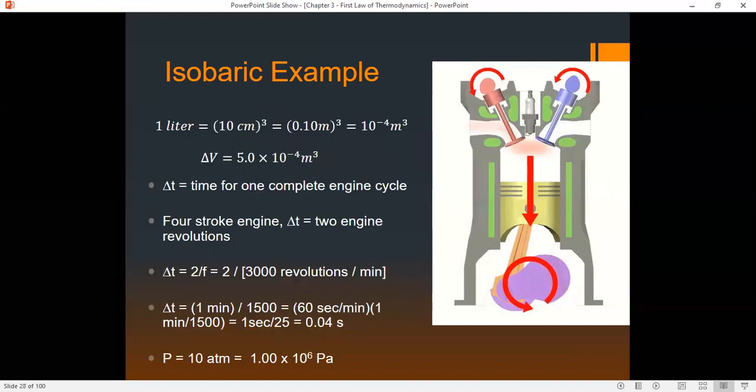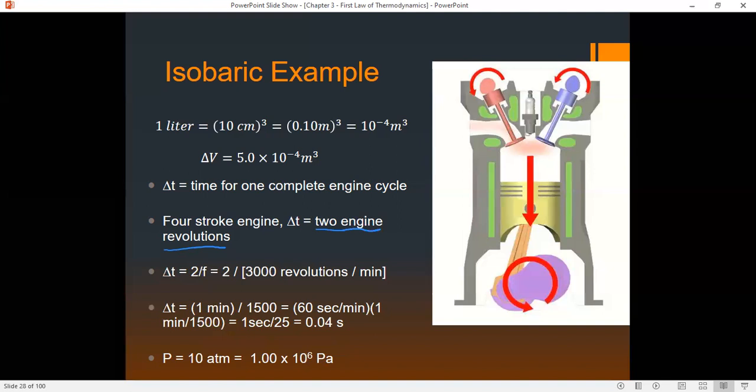So the first thing that we're going to do is calculate the time for one complete engine cycle, delta T. In a 4-stroke engine, there are 2 engine revolutions per each power stroke. So the engine will rotate twice for each power stroke that takes place, is what we're trying to say right here.